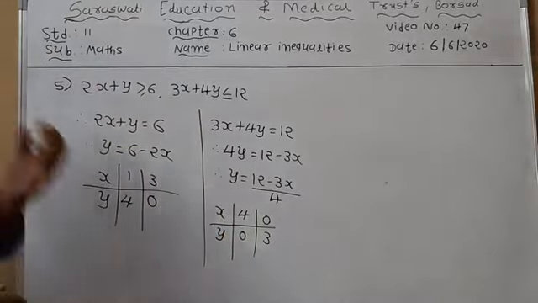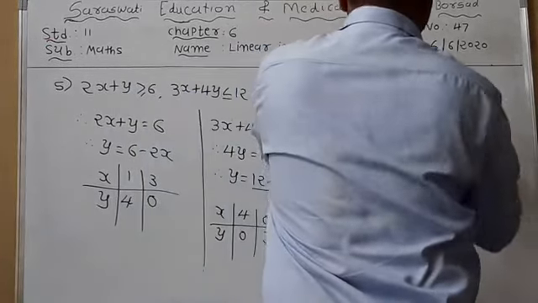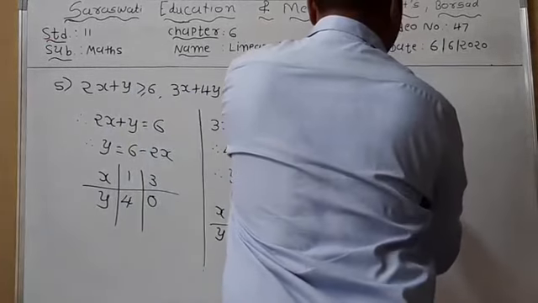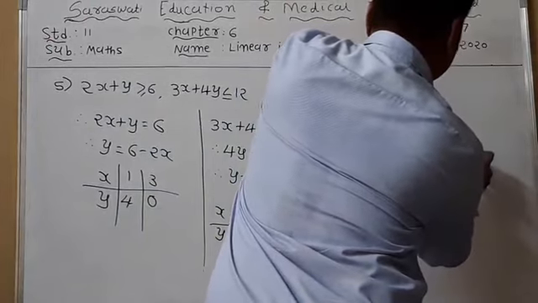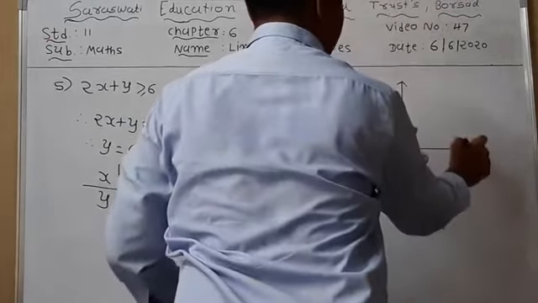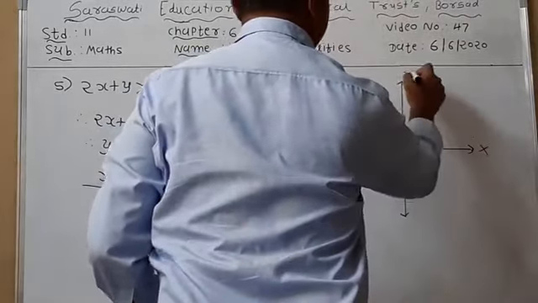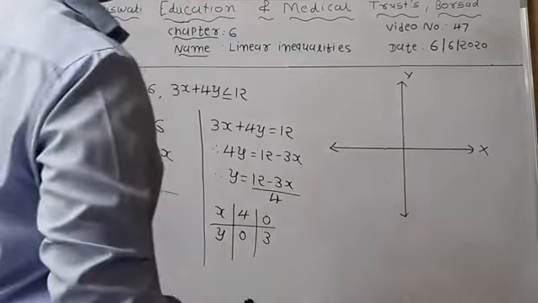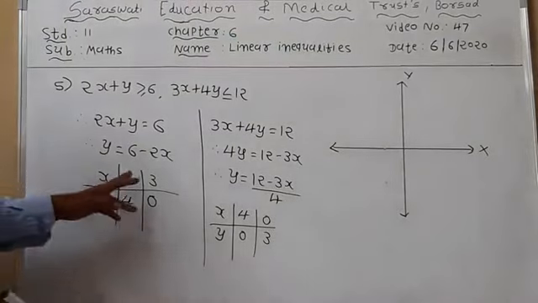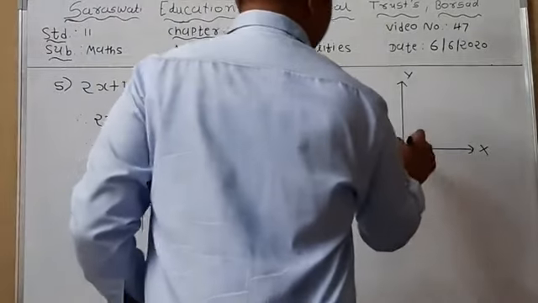Now we represent these points graphically. Here draw the x axis and y axis. The point is 1, 4, but first we mark the number line.